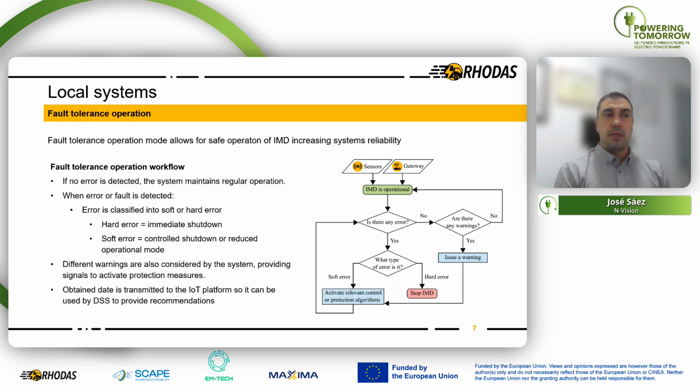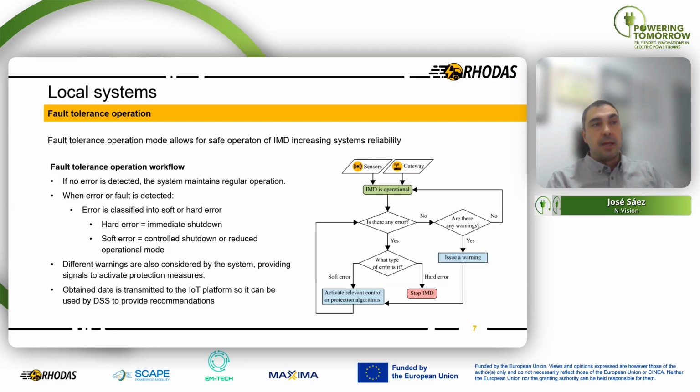Here you can see a very schematic view of the workflow this fault tolerant mode operates on. Basically, the idea is to monitor the different parameters that I've been mentioning, and in most cases this step is based on thresholds. One of these thresholds is approaching or overreaching some of the defined values.